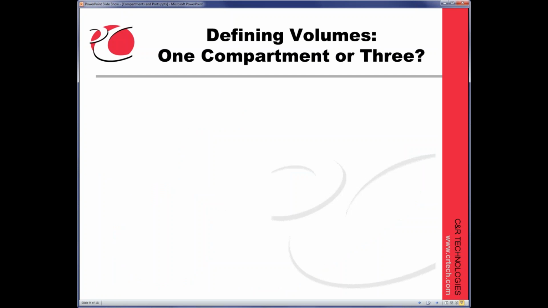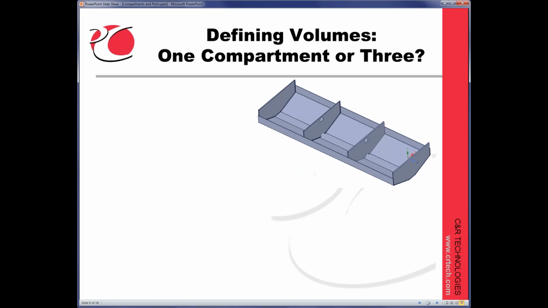So let's get to another capability of compartments, which is the bay. Let's go back to that fuel tank and look at it and say, well, there's kind of 3 zones here, right? Are there 3 completely separate zones, or is it really just an obstruction, just something in the middle of the flow?